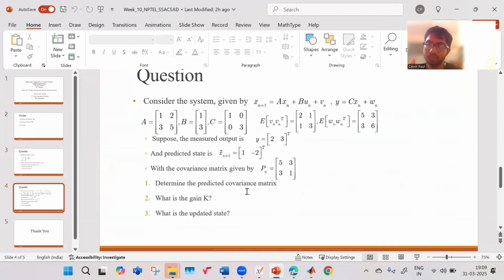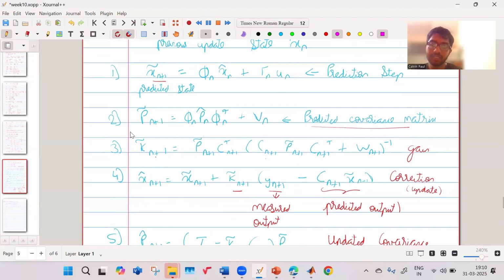So if you see this sum carefully and recollect what I just told, it is related to the second, third, fourth step of your discrete-time Kalman filter algorithm. We are given the predicted state, x tilde n plus 1. We are told to find the predicted covariance matrix. Then we are told to find the gain. And then we are told to find the corrected state.